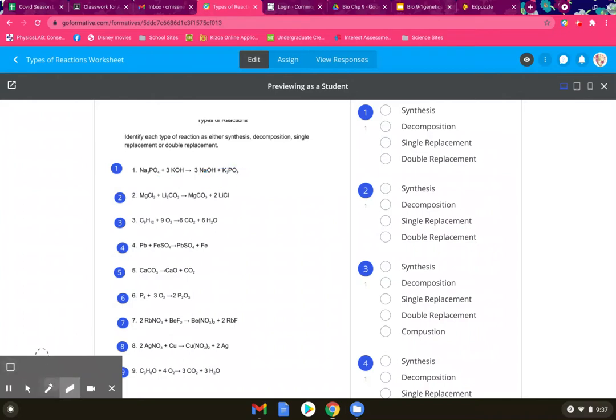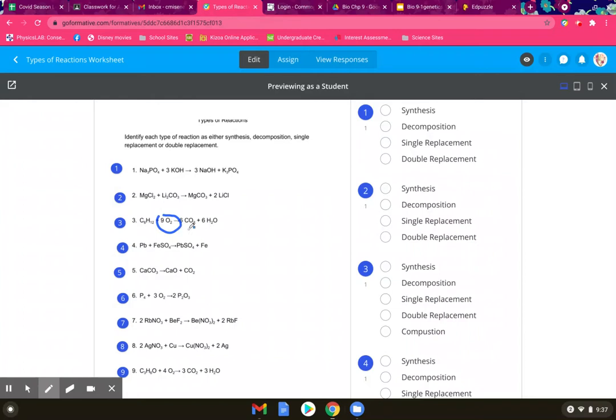If we look at, let's say, number 3, a lot of people miss number 3. One thing that I see with number 3, I've got oxygen there. Oxygen is a clue that it might be a combustion reaction.